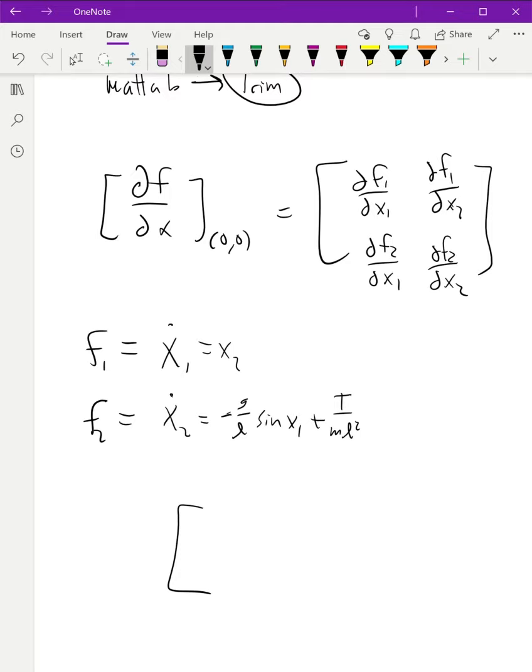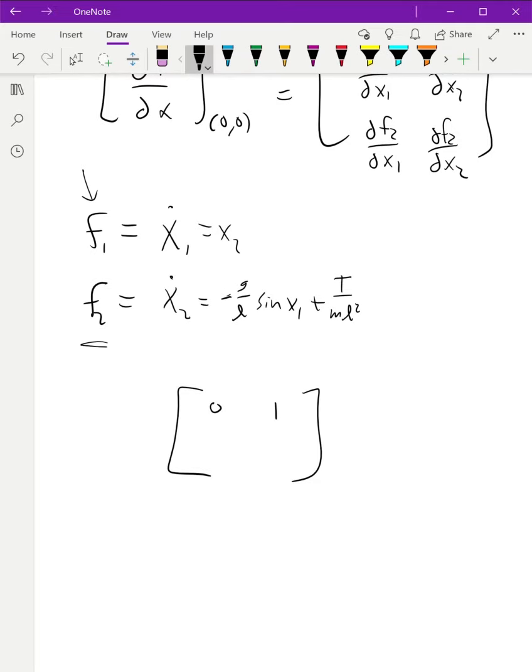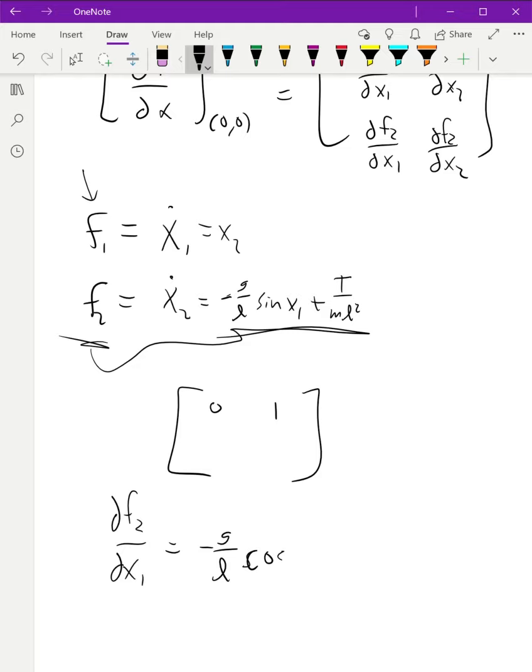Okay, so to find the Jacobian about the equilibrium point, we just do the partial derivatives. So df1/dx1 is 0 because there's no x1. df1/dx2 is 1, because the derivative of this with respect to x2 is 1. df2/dx1 is a little bit more involved, right? The partial derivative of f2 with respect to x1 is negative g over L cosine x1.